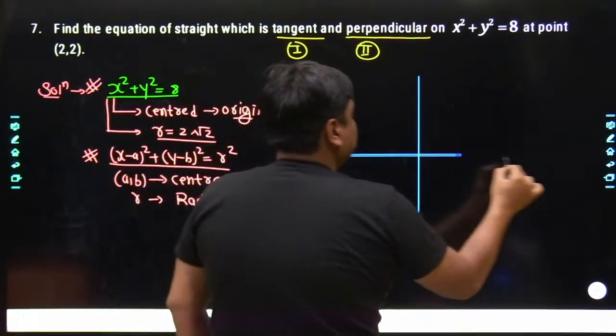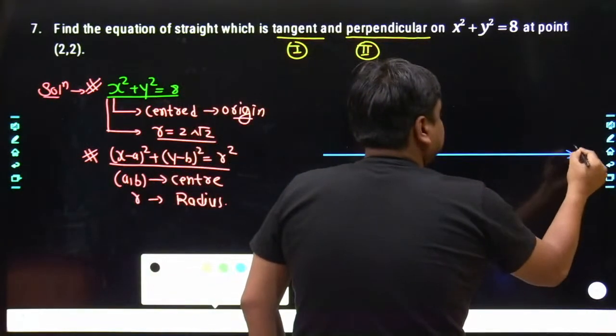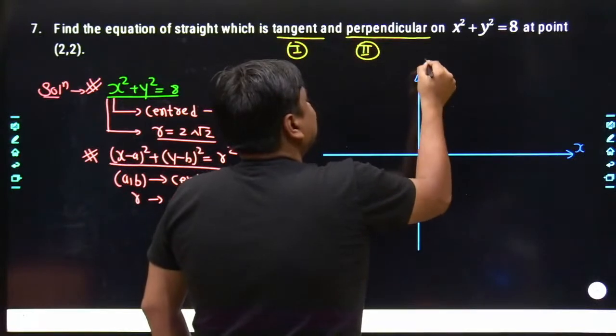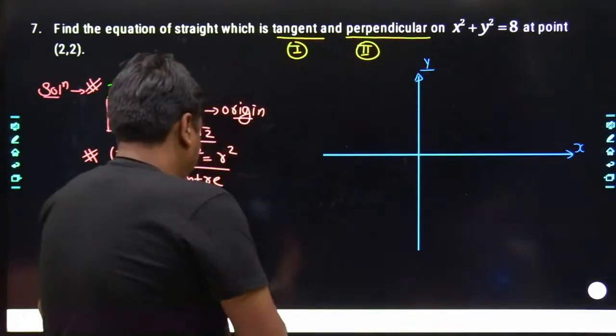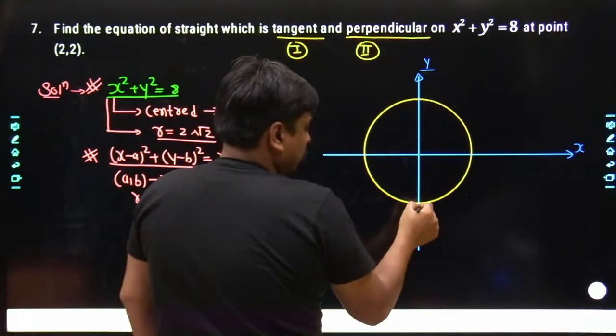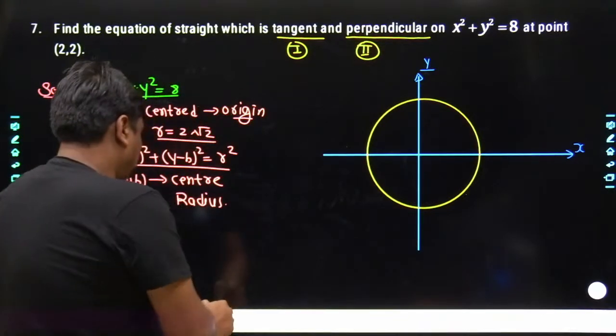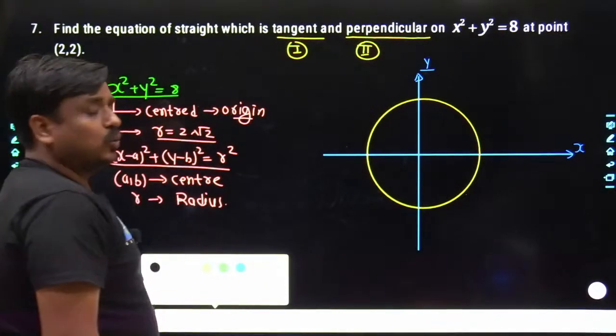Here it has become a 2D plane, where the horizontal axis is the x-axis, whereas the vertical axis is the y-axis. Let me draw a circle over here, centered at the origin. And its radius is 2 root 2.